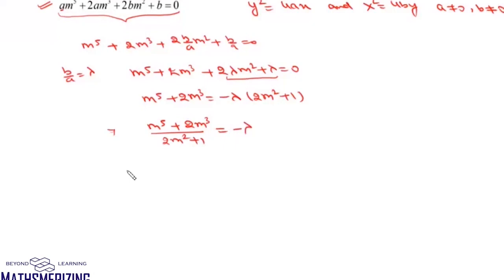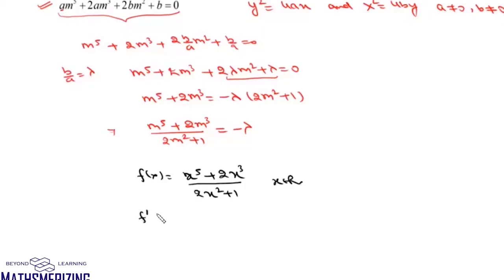Now if we consider a function f(x), which is x to the power 5 plus 2x cube upon 2x square plus 1, the domain of this function is x belongs to R.